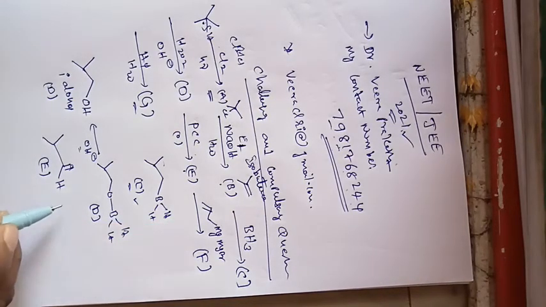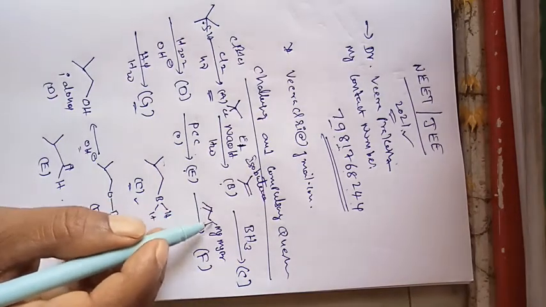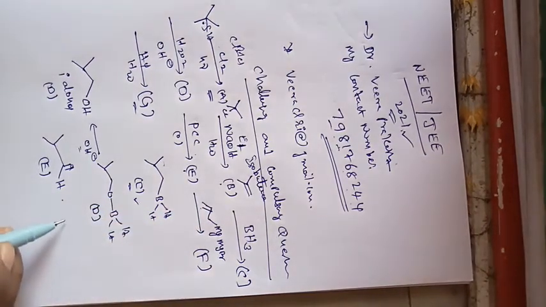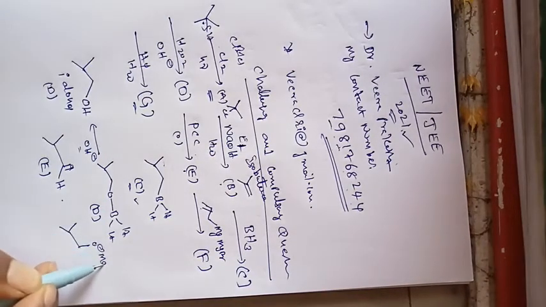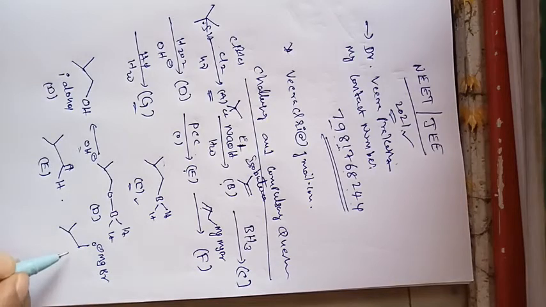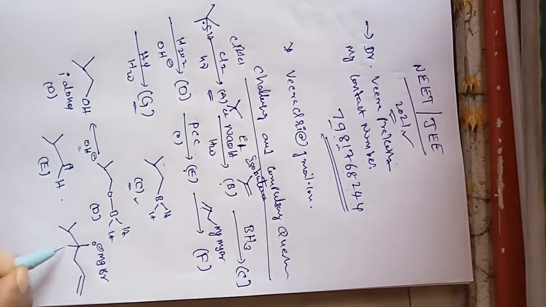Then F: this one reacts with allyl magnesium bromide, so what will form? The F product is O-MgBr with isopropyl, like this. Upon hydrolysis it converts to the G product, the alcohol OH, like this.